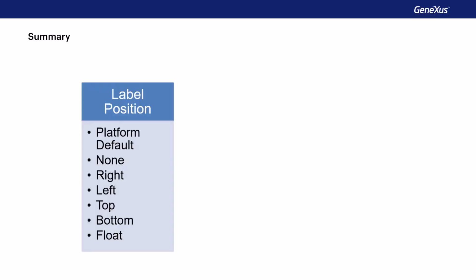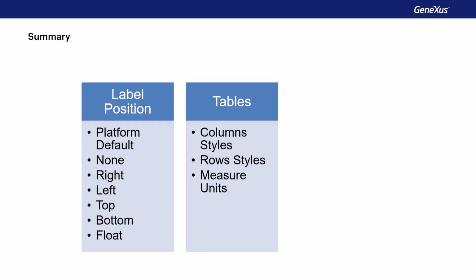To sum up what we've seen in this video, we saw the various options for label position: platform default, none, right, left, top, bottom, and float. The last one is only valid for mobile devices. Regarding tables, we saw how to specify the styles of the columns and rows.